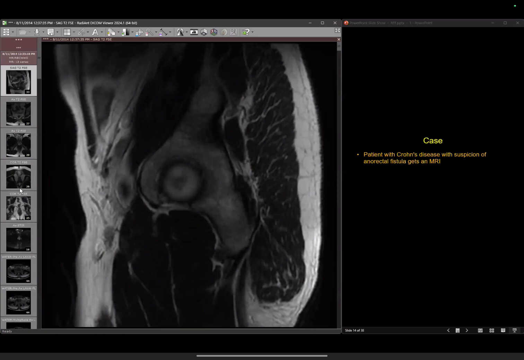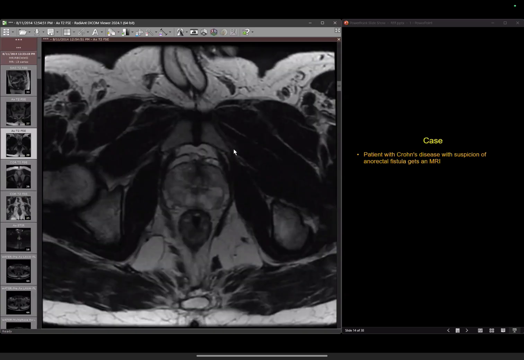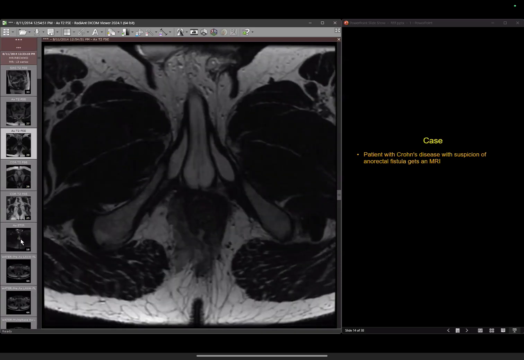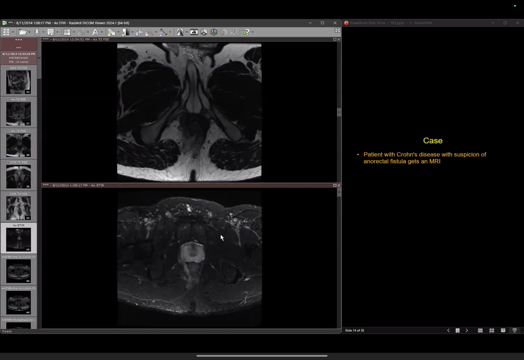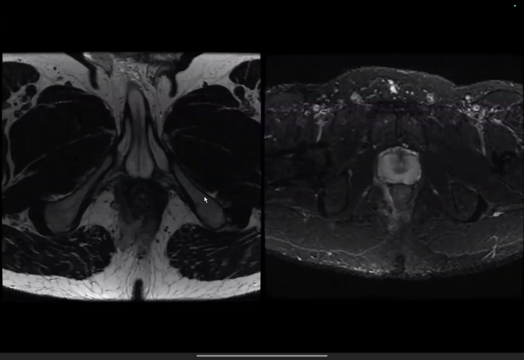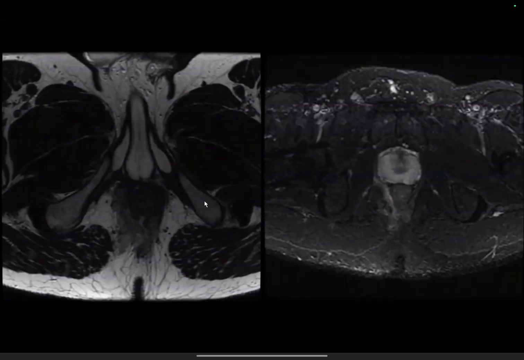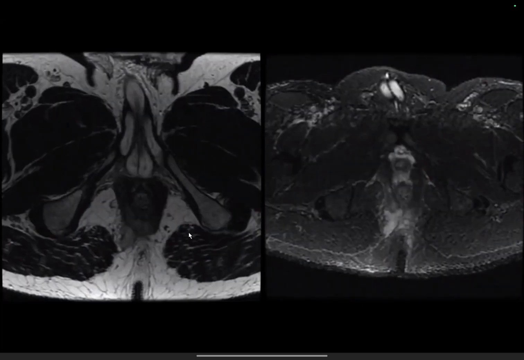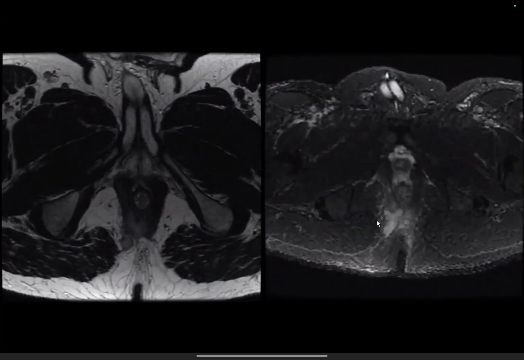Yes, sir. So I'm going to first show you the regular non-fat-sat T2 axial. And then I am going to show you the STIR along with it. And I have a very specific question for you. So here is the STIR, and that is the T2. My first question to you is, is there a fistula?